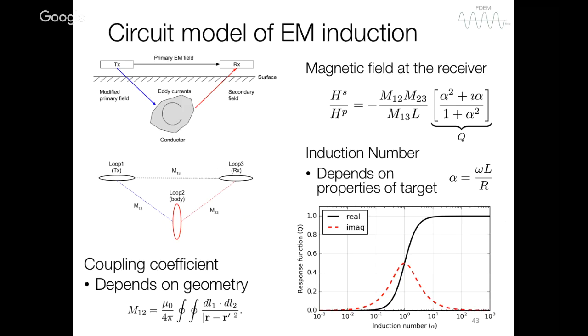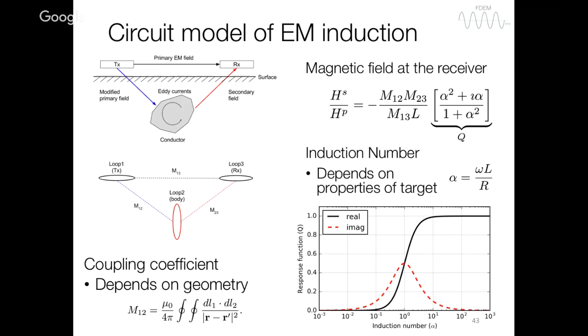So let's place these three guys here with three loops. Here's our transmitter loop, and we'll represent our target body by another loop, and our receiver by a third loop. And here's our target coming down like this.